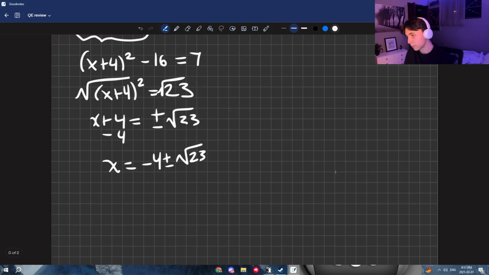And of course, if this radical is not a prime number, you have to break it down, and then you can simplify it. But in this case, there's not anything we can do. There's no point in breaking it down. Root 23 is impossible to break down since it's a prime number, and we're just going to have to leave it as such.